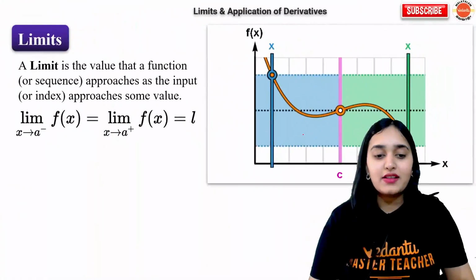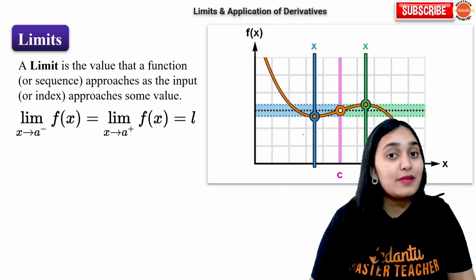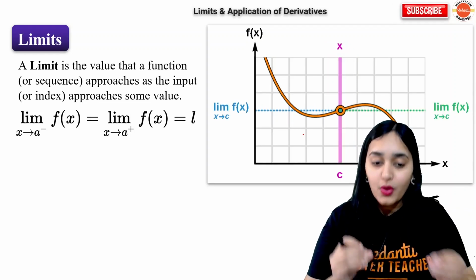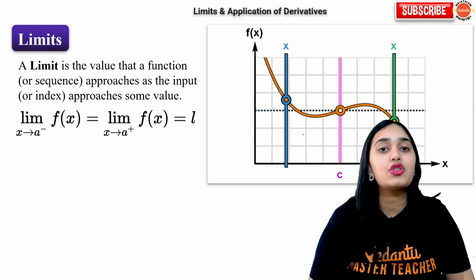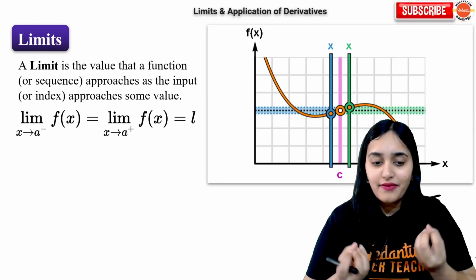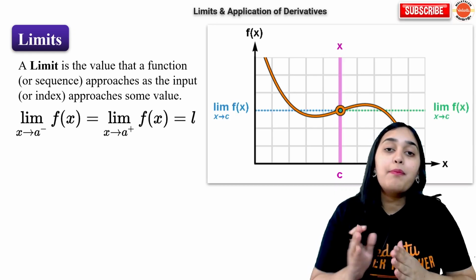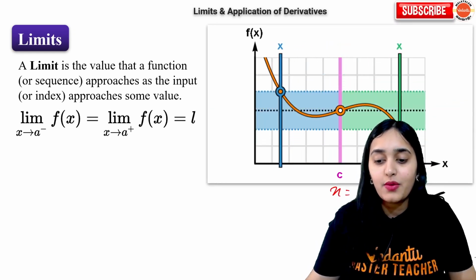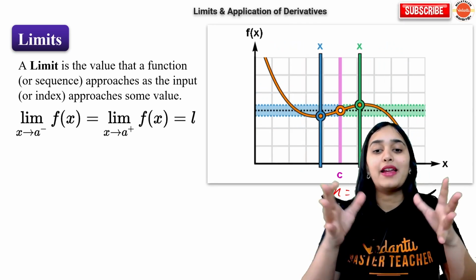Okay. So first of all, what is limit? Limit is basically the value which a function approaches as the input approaches some value. So basically, limit is a value which you get by approaching a single value. For example, you say that at x is equal to c, I want to define my function.